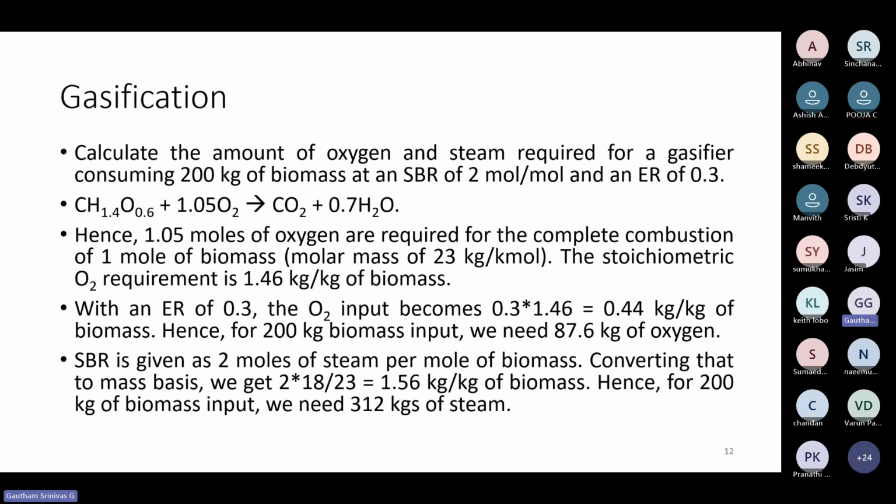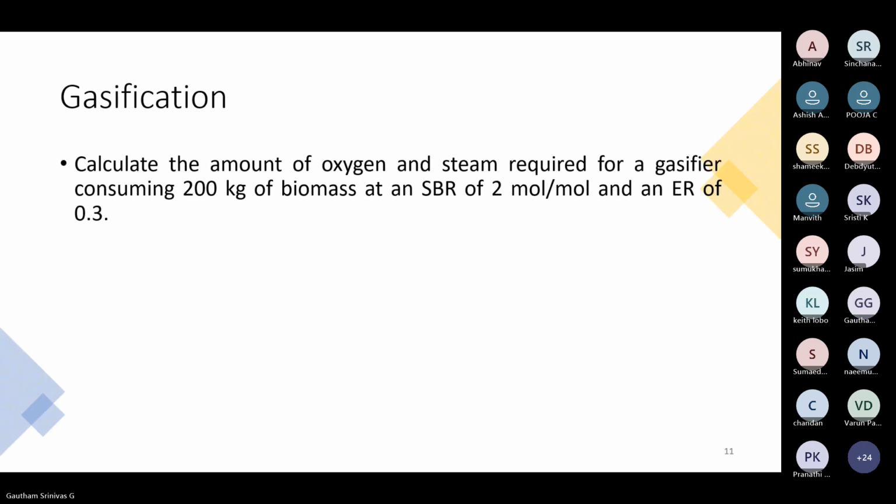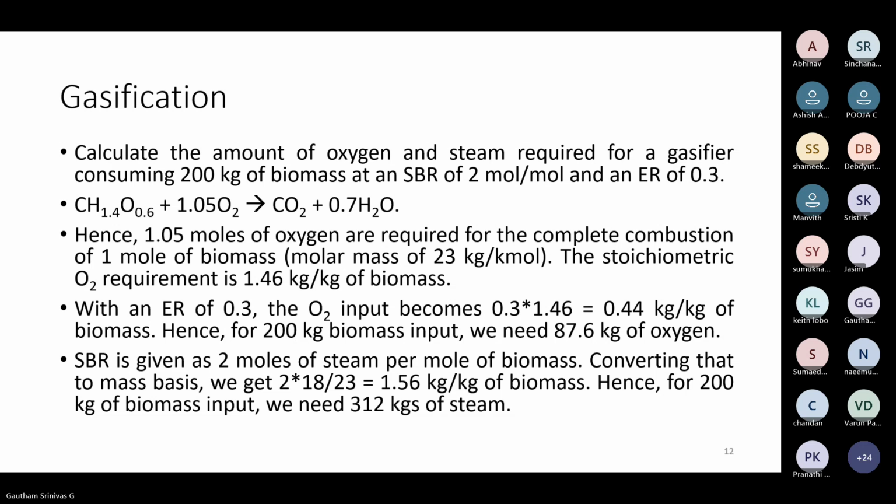From this, you just build on for the activity. So if anyone did not get this, please tell me right now. Okay, I'll move on.